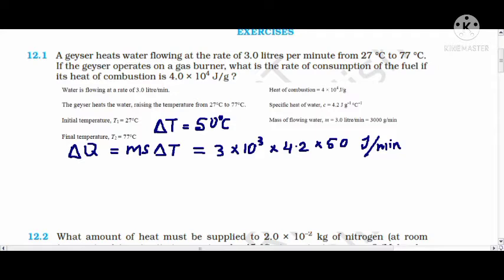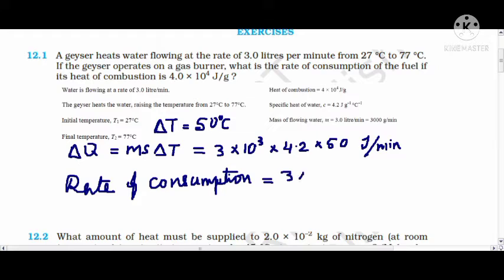That is, rate of consumption of the fuel is equal to 3 into 10 power 3 into 4.2 into 50.